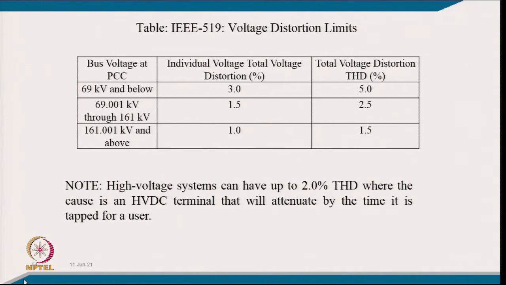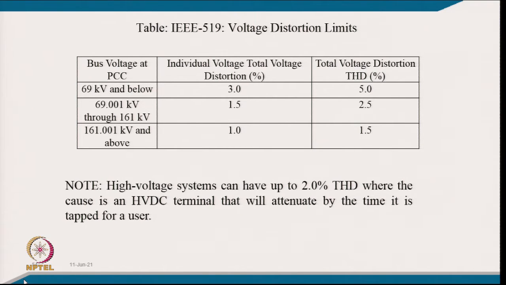This is the limit which virtually guides the previous case which we discussed. If it is 69 to 161 kV, then individual harmonics permitted is 1.5%, and total voltage distortion permitted is 2.5%. And if it is 161 kV and above, then individual harmonic permitted is 1%, and total harmonic distortion not more than 1.5%.